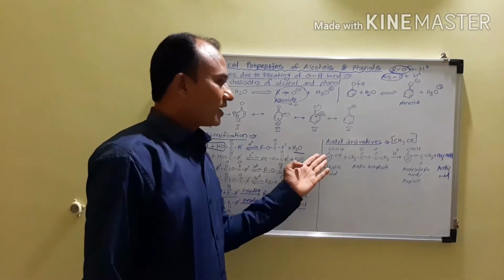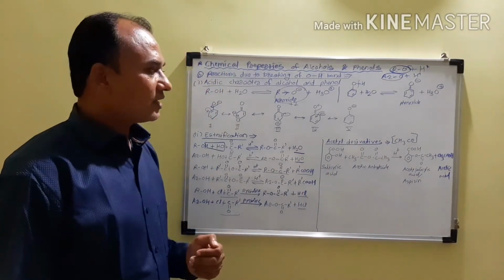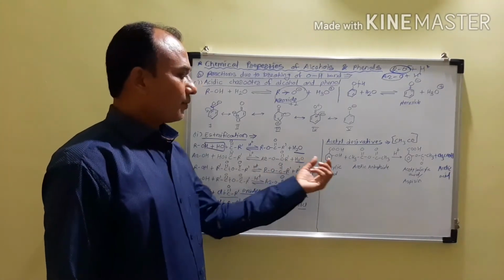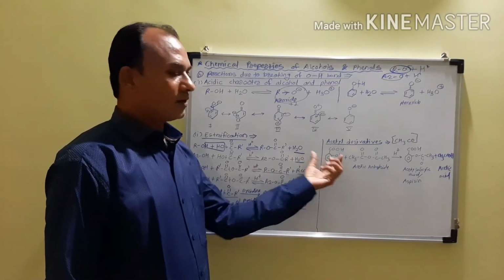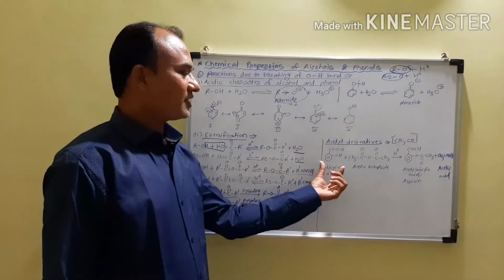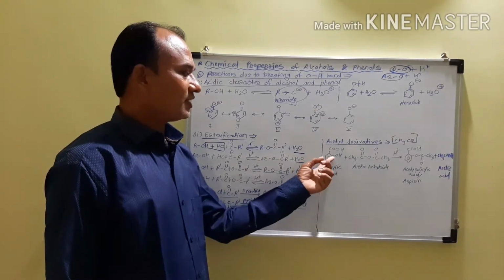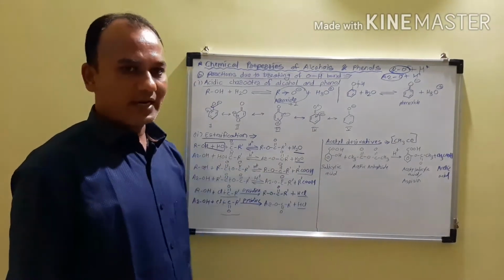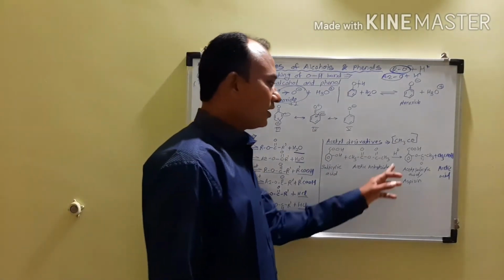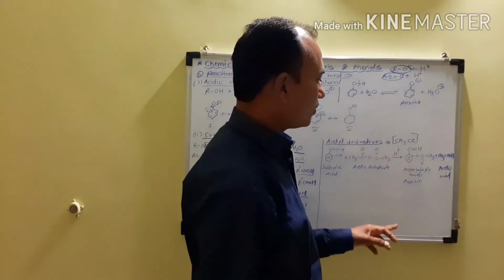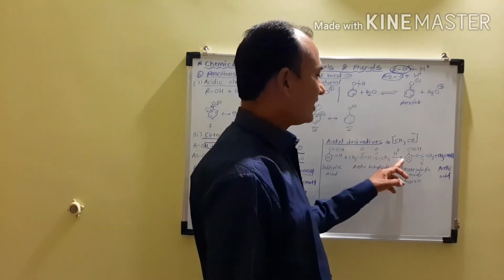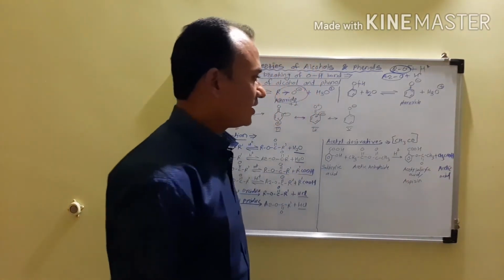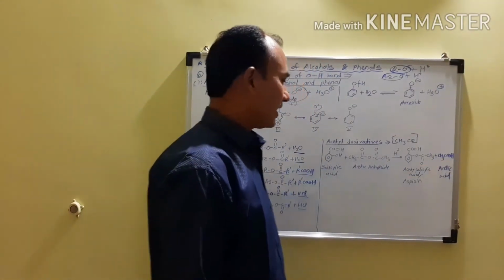So when we consider acetyl derivatives, for example, the reaction of salicylic acid, having the formula C6H4(OH)COOH, with acetic anhydride in an acidic medium gives acetyl salicylic acid and acetic acid.